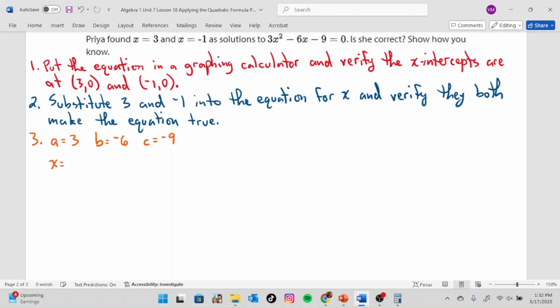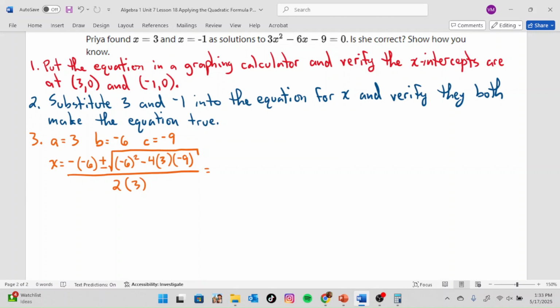X equals negative b, which is negative 6, plus or minus the square root of b, which is negative 6, squared, minus 4 times a, which is 3, times c, which is negative 9. And all of this is divided by 2 times a, which is 3.